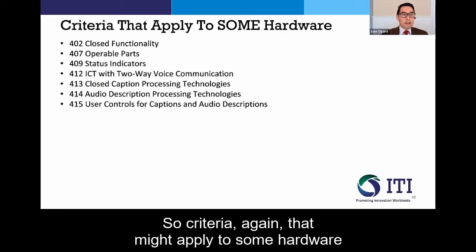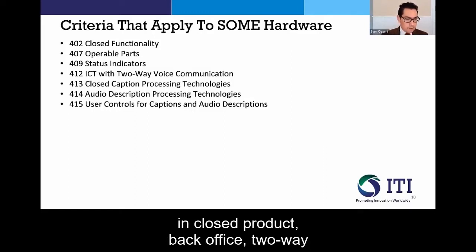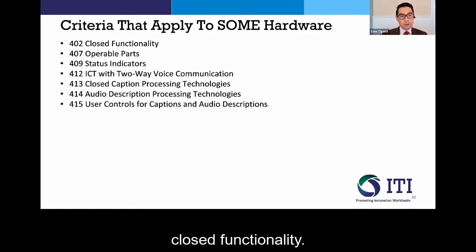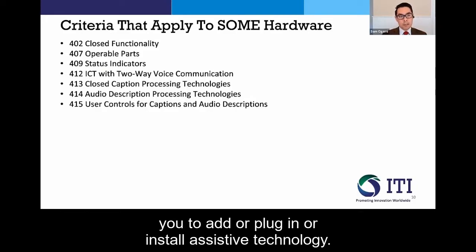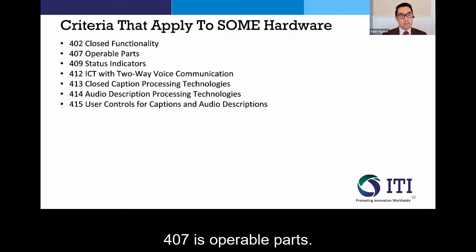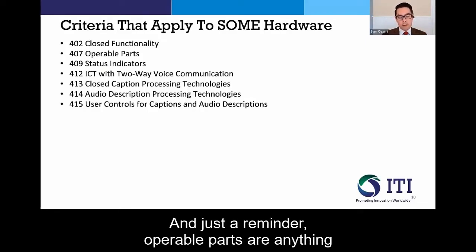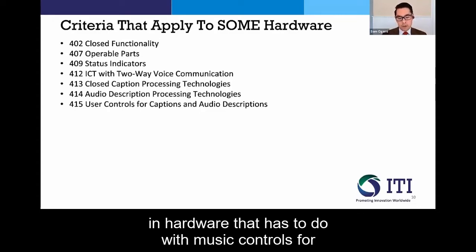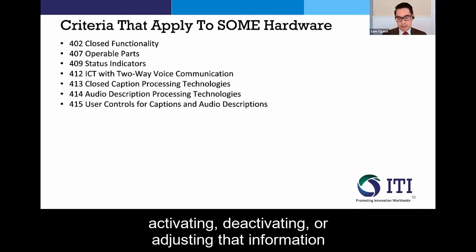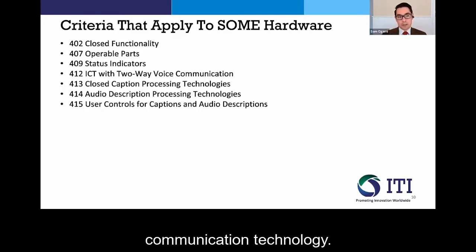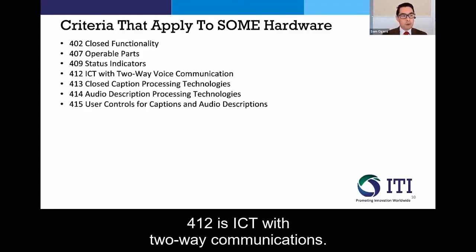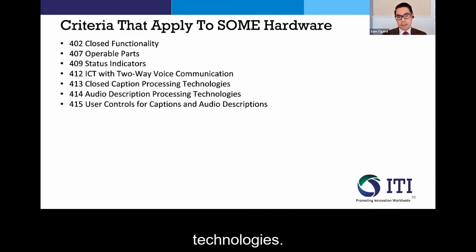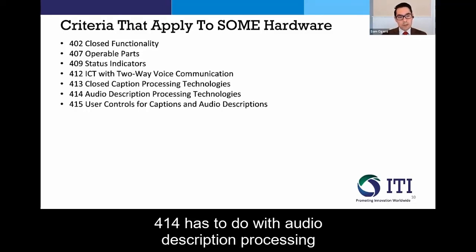So criteria, again, that might apply to some hardware in closed product, back office, two-way communication, and audio video are 402 closed functionality, and this has to do with hardware that doesn't allow you to add or plug in or install assistive technology. 407 is operable parts, and just for a reminder, operable parts are anything in hardware that has to do with user controls for activating, deactivating, or adjusting that information communication technology. 409 has requirements that have to do with status indications. 412 is ICT with two-way communications. 413 has to do with closed captioning processing technologies. 414 has to do with audio description processing technologies.